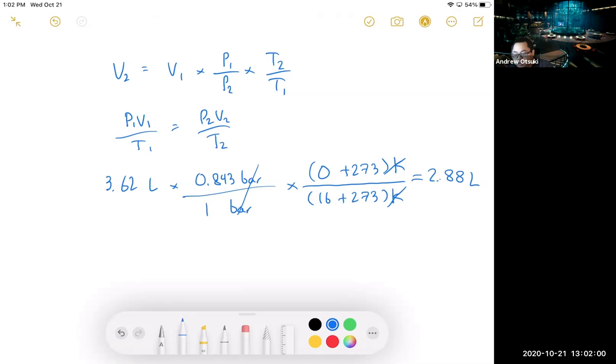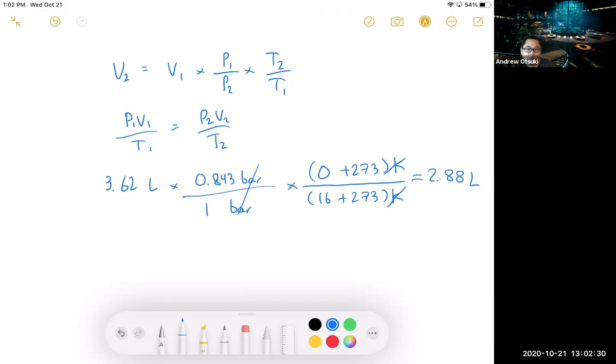So my volume decreased, right? So since my volume decreased, my pressure should have increased. Sorry, not pressure. My volume decreased, right?